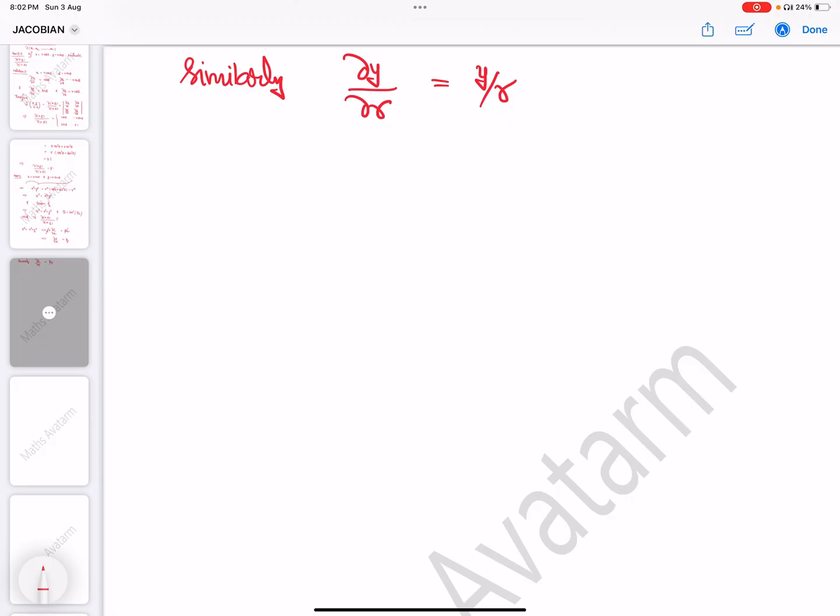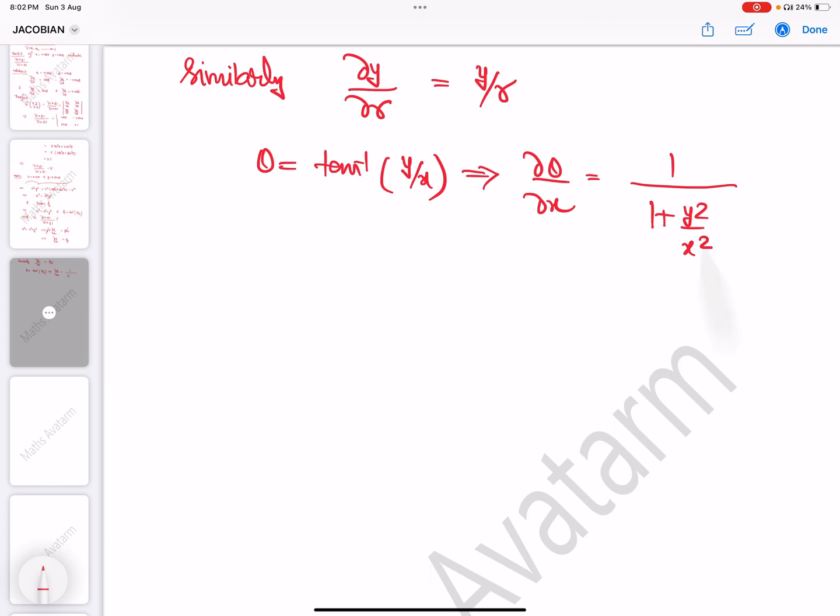Now theta is equal to tan inverse y upon x. So what is del theta upon del x? So this will be 1 upon 1 plus y square upon x square, times the partial derivative with respect to x of y upon x, which is minus y upon x square.